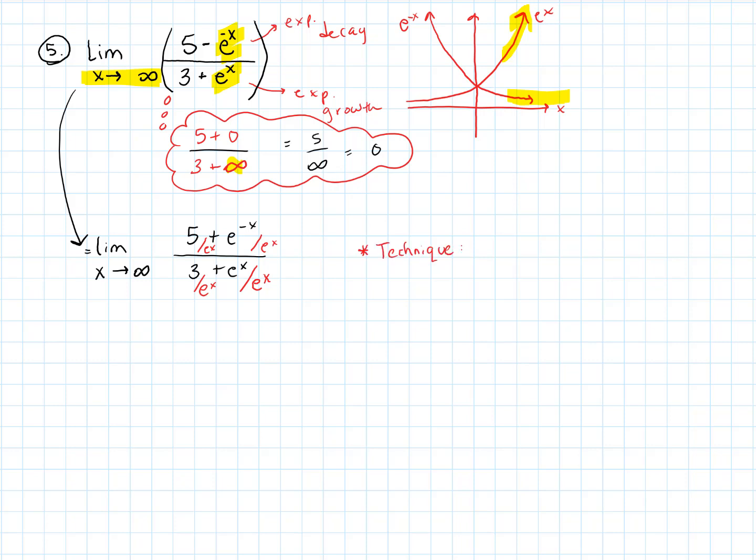The technique that we're using here is to divide all terms by, and we were talking rational functions, so I'll put it in parentheses here, the highest powered or degreed term from the denominator.